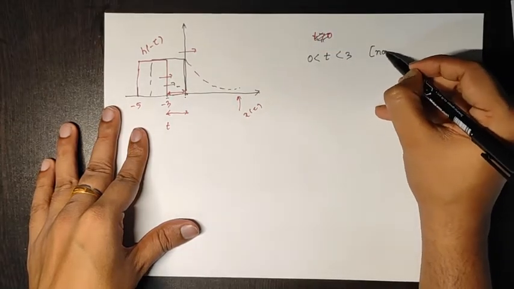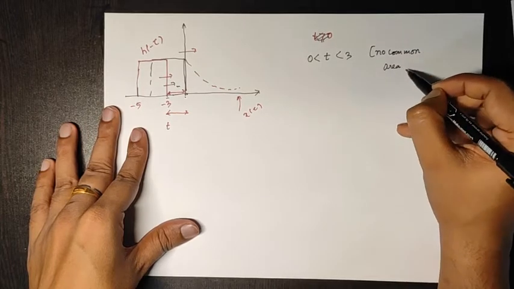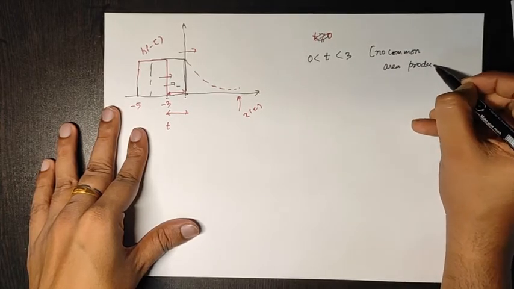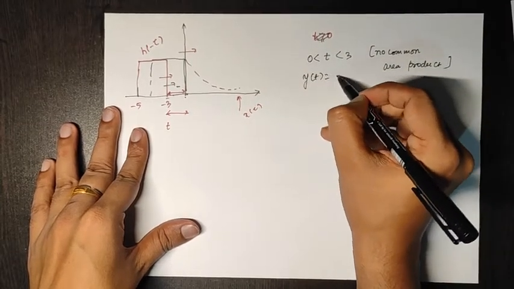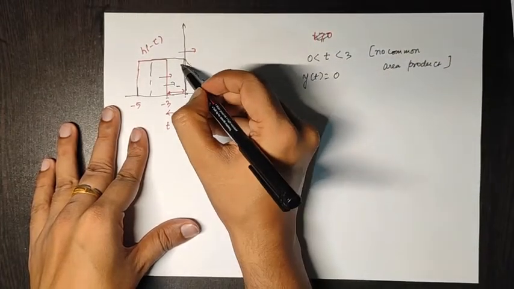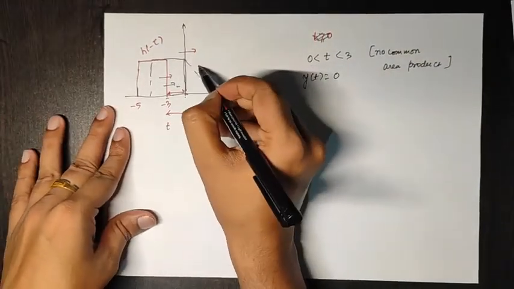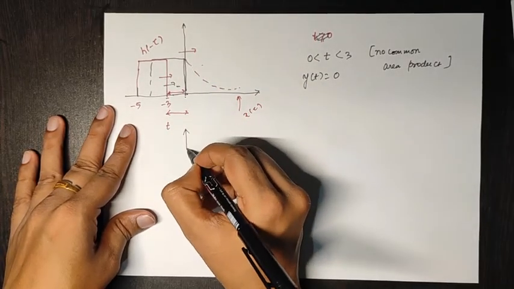We can write here no common area product. Hence y of t will be 0. Now let us shift further. Let us draw here.